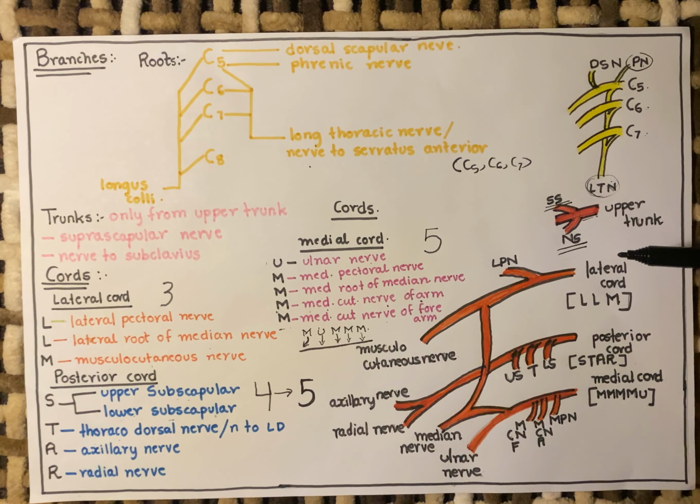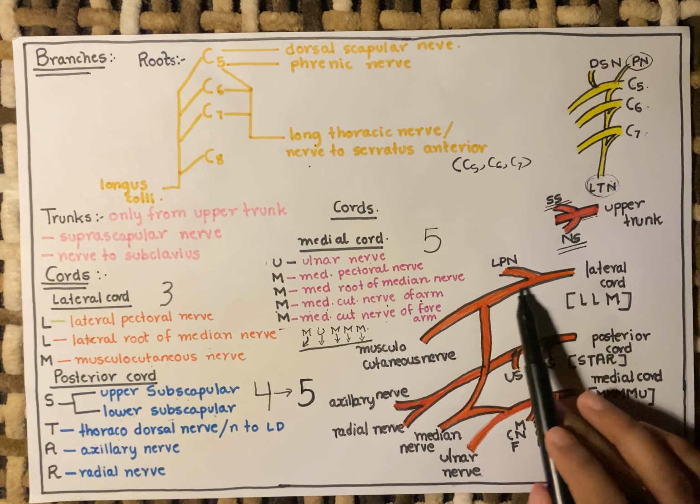First M is going to stand for medial pectoral nerve, ulnar nerve, medial root of the median nerve, medial cutaneous nerve of arm and medial cutaneous nerve of forearm. Moving on to posterior cord, STAR. S stands for subscapular, where you have an upper subscapular nerve and a lower subscapular nerve. T is going to stand for thoracodorsal nerve, also known as the nerve to latissimus dorsi. A is going to stand for axillary nerve and R is going to stand for the radial nerve.